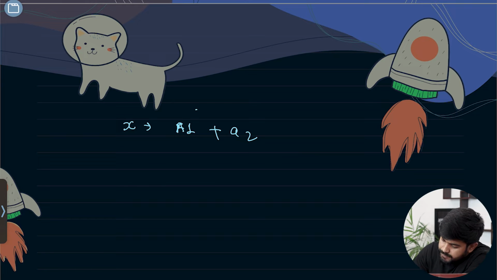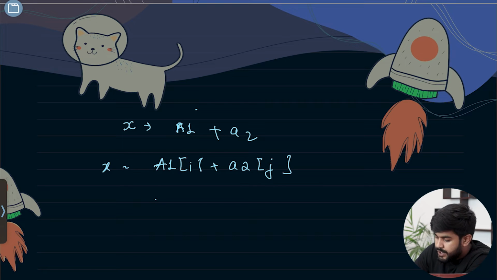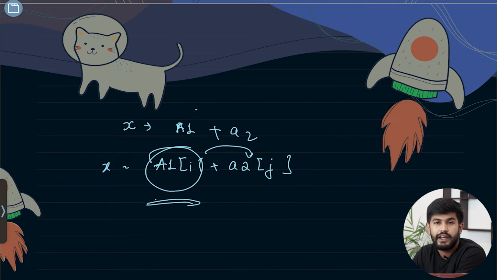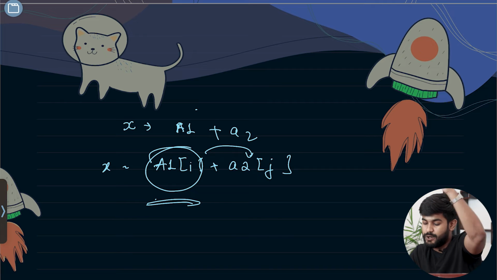So if x is made up of A1[i] and A2[j], then we can pick any element of A1 and try to find the corresponding element in A2.